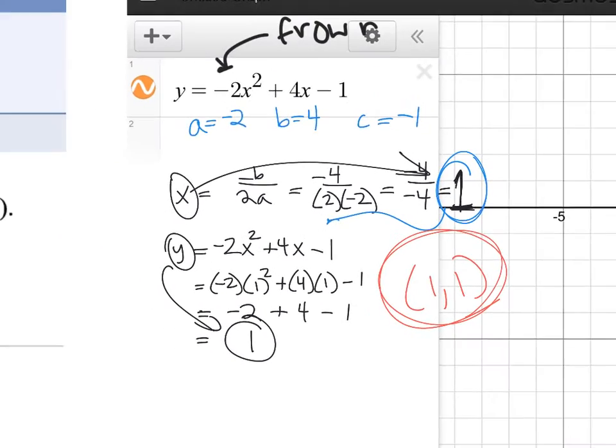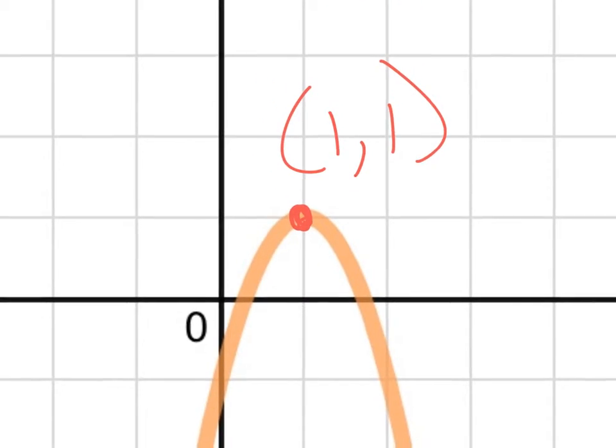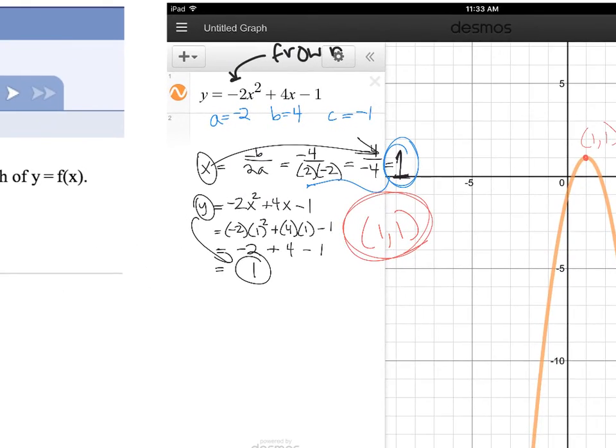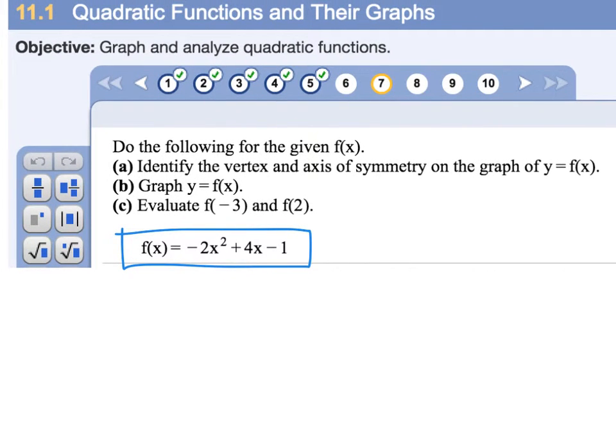And we knew that because it looked like it right here. We knew it. Very good. So we've done the vertex, and the axis of symmetry is x equals 1. We've graphed it using Desmos, and now I'm going to leave it to you to find the values.